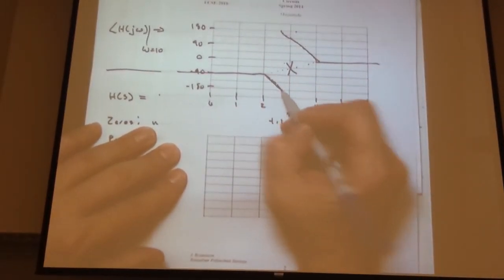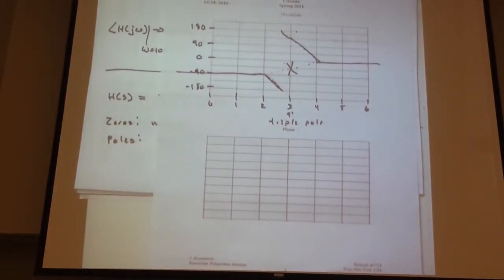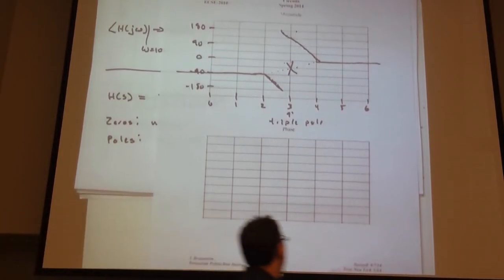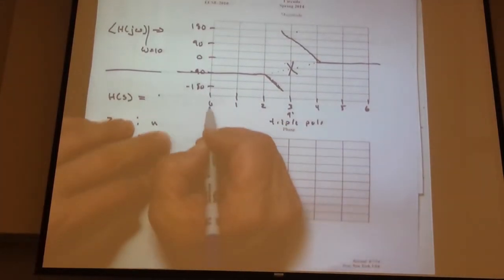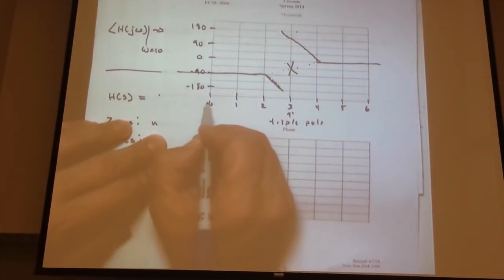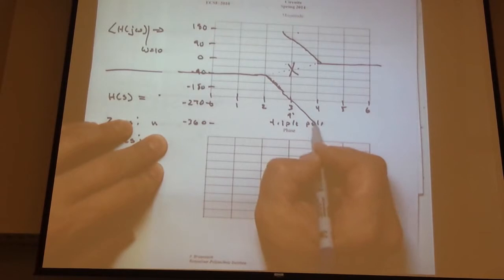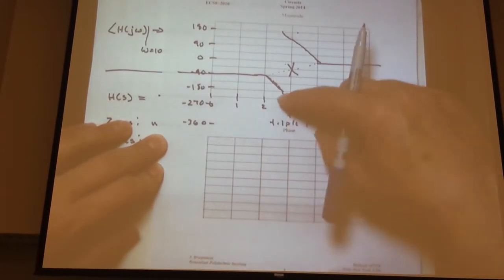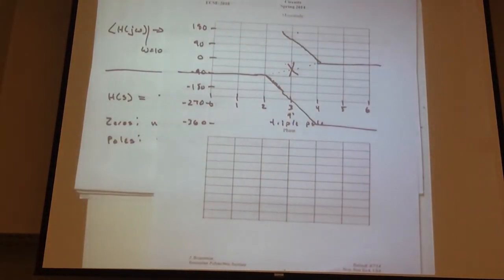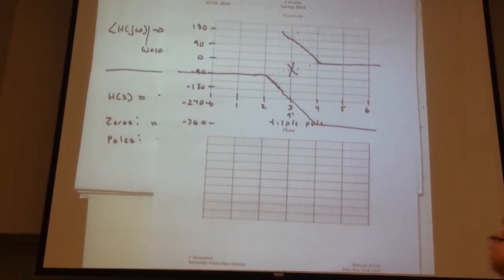You cross the pole, your phase change goes down. You wrap around, minus 180 and 180 are effectively the same thing from a mathematical point of view. So you could wrap it in from the top. If it bothers you, you can go ahead. It doesn't, you're not going to offend anybody that's important. So you could go minus 270, minus 360 in there, and bring it down like this.